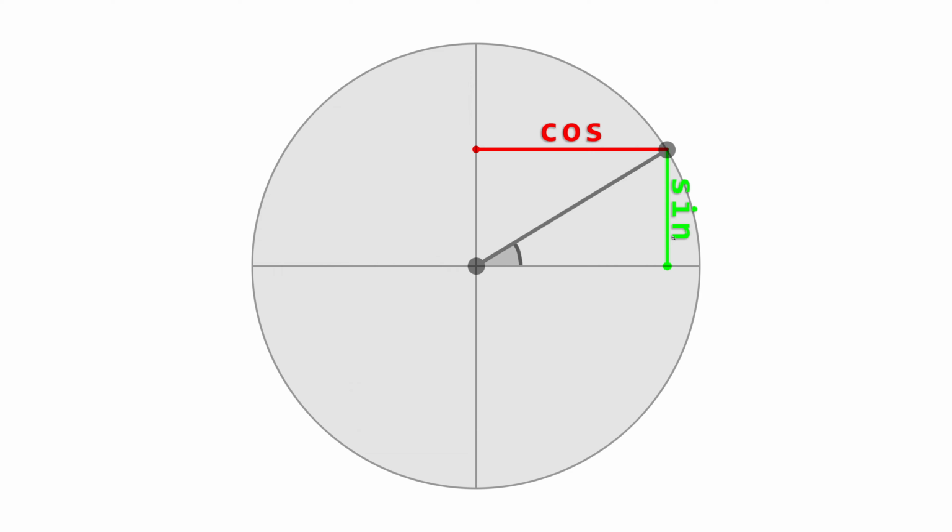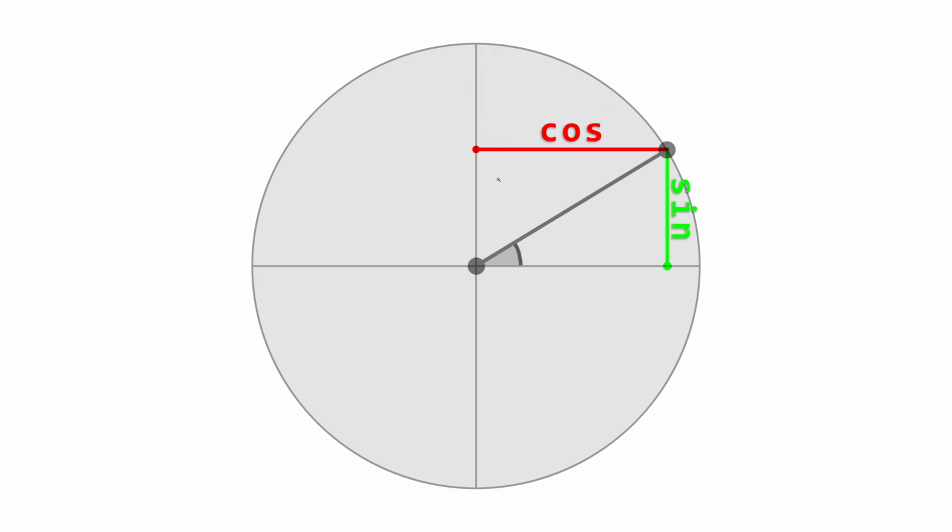Okay, I want you to notice a couple of things. As our angle value approaches 0 here, the length of our sine value also is 0, and the length of our cosine gets closer and closer to a value of 1. But as this angle gets closer to 90 degrees, our cosine shrinks and gets closer to 0, while our sine value increases and gets closer to 1.